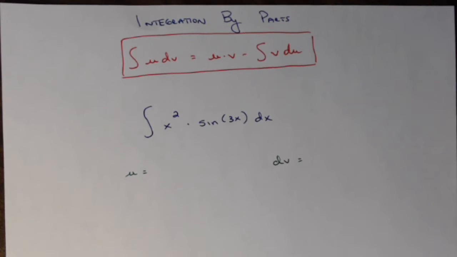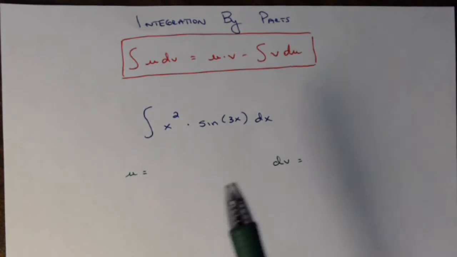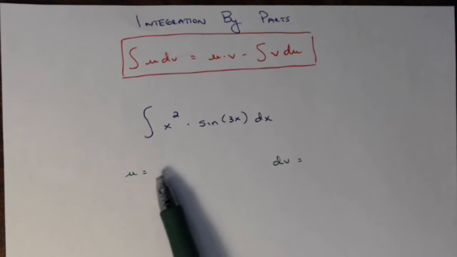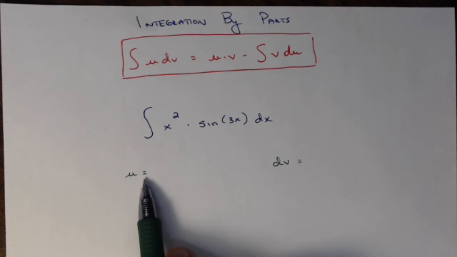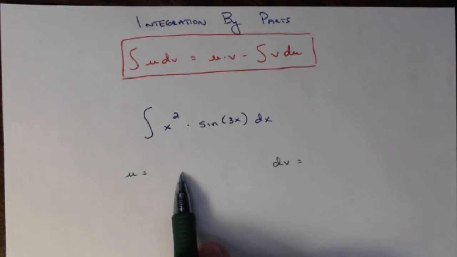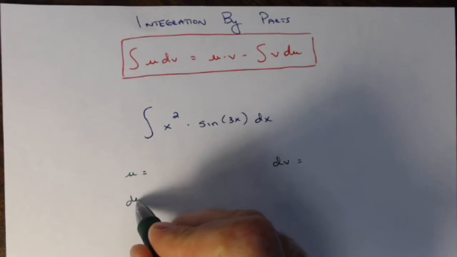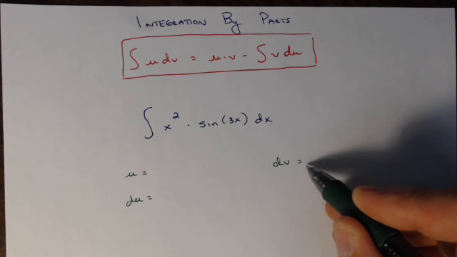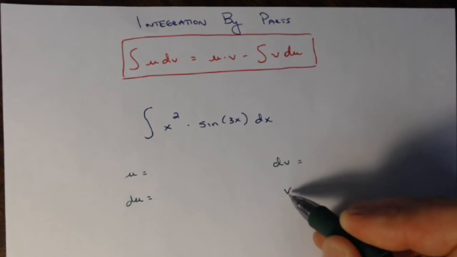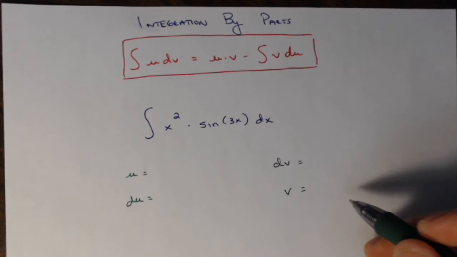So here we go. Remember from part 1, we have to identify some expression for u and some expression for dv. Whatever we identify for u, we're going to differentiate that. And whatever we decide for dv, we're going to integrate that to figure out what v is.